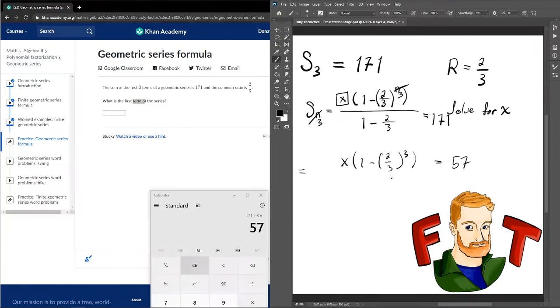Okay, so I was on the right track earlier, I just got it wrong. Now we can divide by this expression.